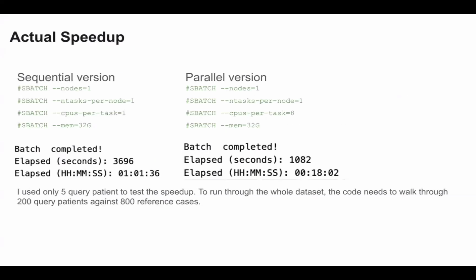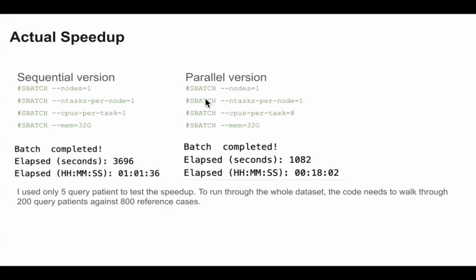On this slide, I'm showing the actual wall clock speedup measured on Quest. On the left is the sequential version. I ran it on a single core with 32 gigabytes of RAM. Processing just 5 patients took around 3,696 seconds, which is a little over 1 hour.